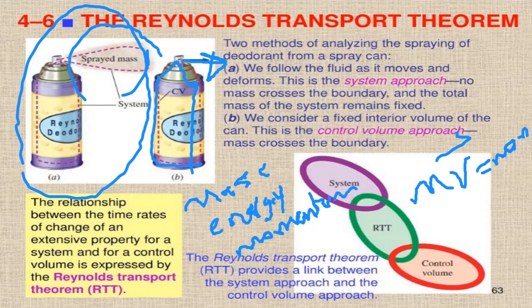So this one is a system, this one is a control volume, and Reynolds transport theorem gives us the relationship between the system and the control volume. It's a link between the system and control volume.